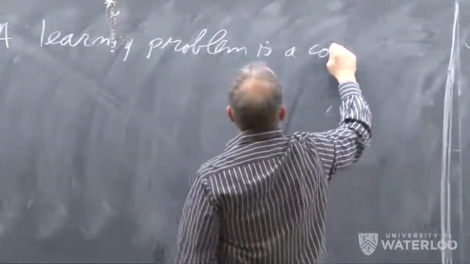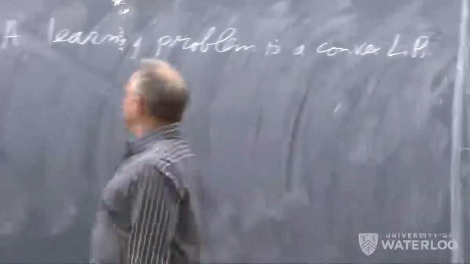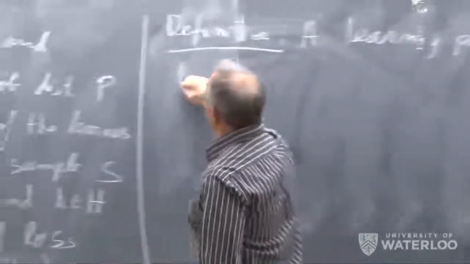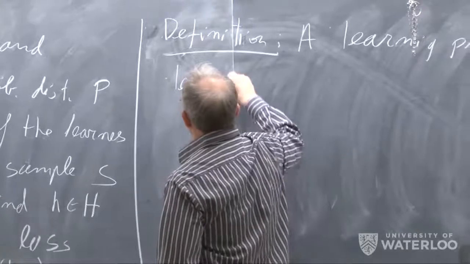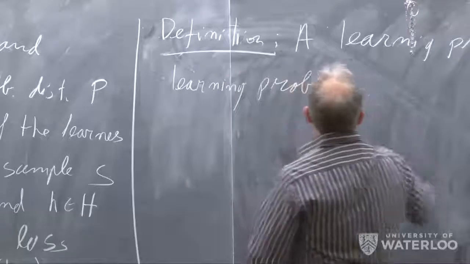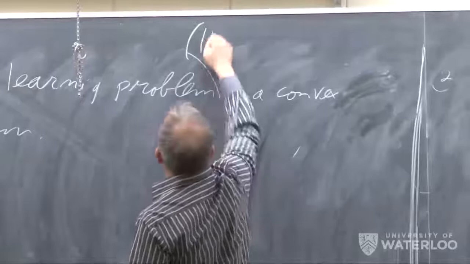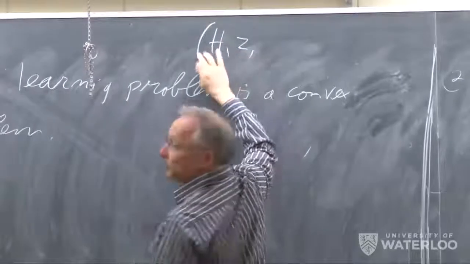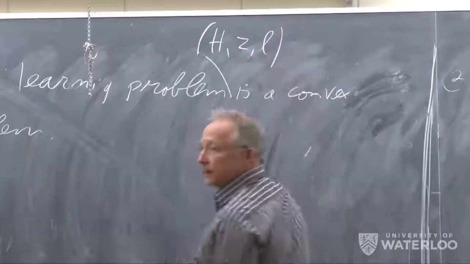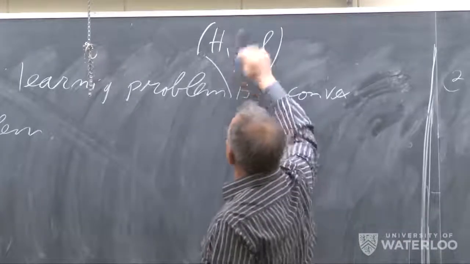A learning problem for us is such a triple. A learning problem consists of H, a domain Z, and a loss. All the examples that we saw here, this is a capital Z.